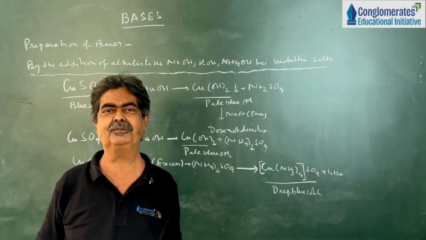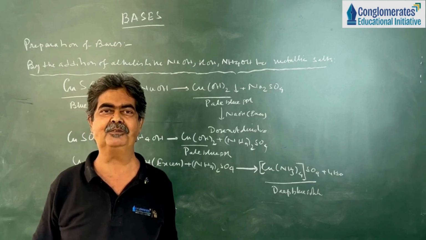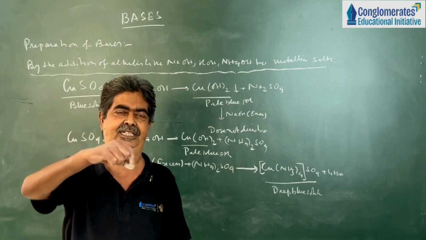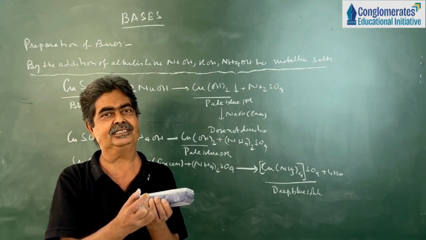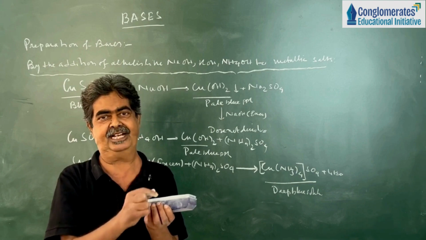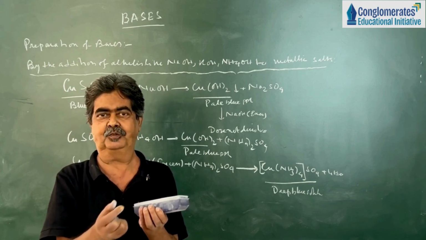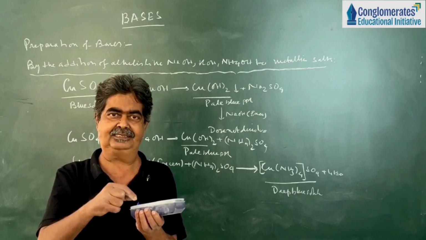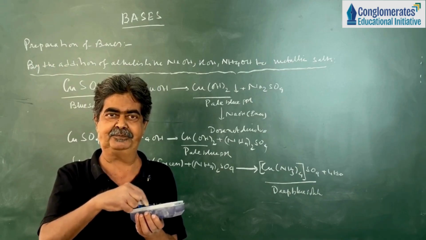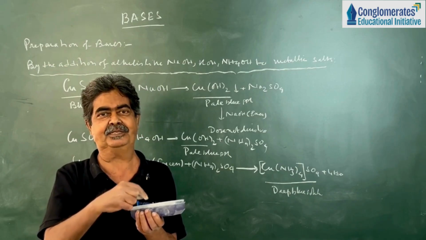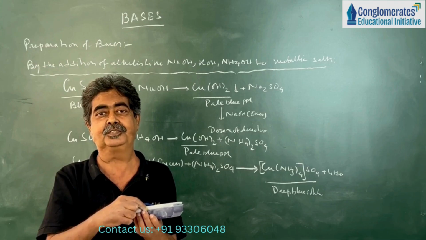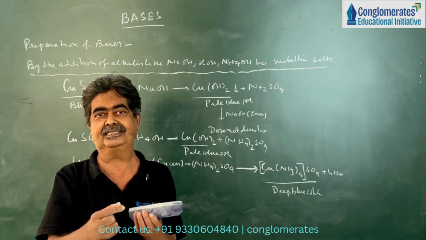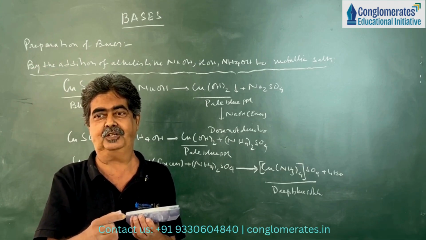Now, in case of ammonium hydroxide, what do we see? If you add dropwise ammonium hydroxide to colorless solution of zinc sulfate, we will find gelatinous white precipitate like zinc hydroxide, like previous reactions. Again, if you go on adding ammonium hydroxide dropwise to the gelatinous precipitate of zinc hydroxide, this precipitate gradually dissolves to form colorless solution due to the formation of tetraamine zinc sulfate, which is soluble in water.